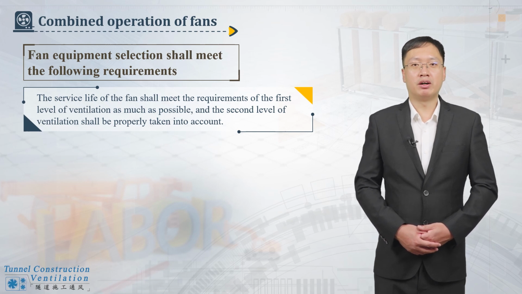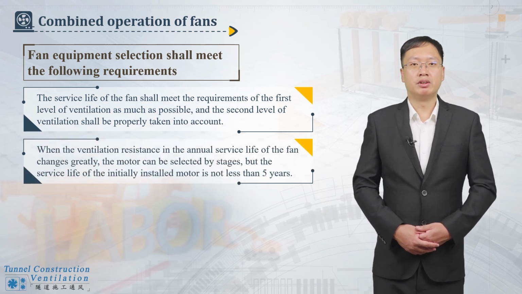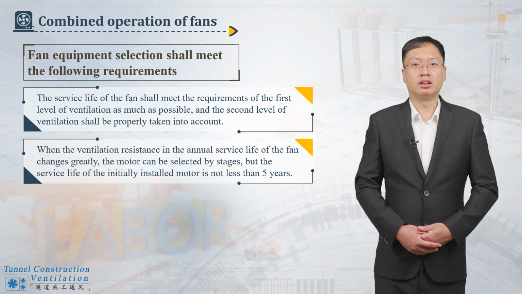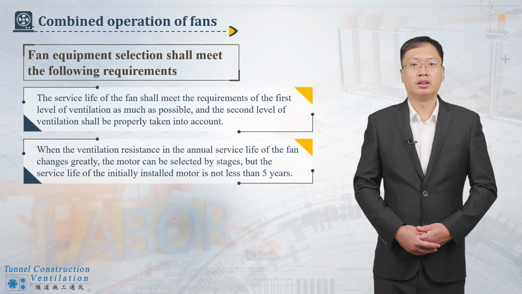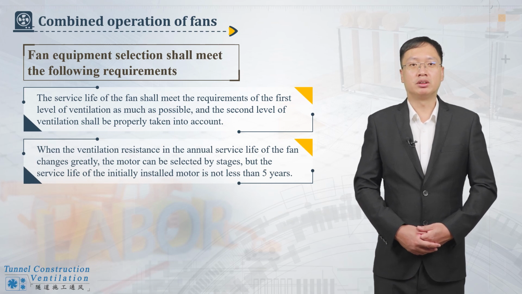The operating point of the fan shall be within the reasonable working range within the service life of the fan. 2. When the ventilation resistance in the service life of the fan changes greatly, the motor can be selected by stages, but the service life of the initially installed motor is not less than 5 years.